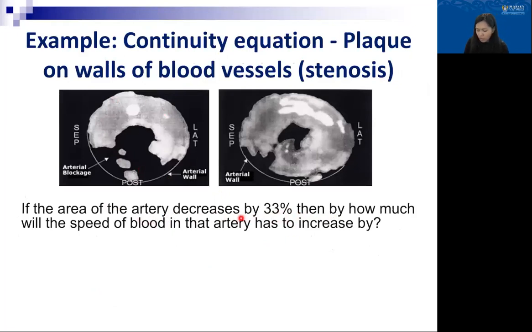So it's now the area, not the radius. It's the area itself that's given to decrease by 33%. Then by how much will the speed of the blood in that artery have to increase? We've already seen that if the area decreases, then the speed should increase, right? But by how much?